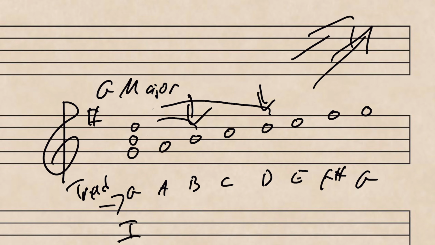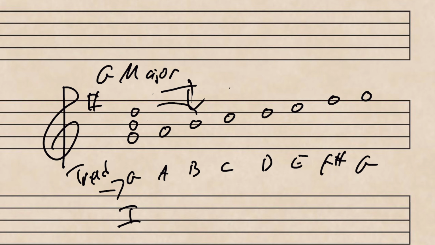Same when I go to make my 5 chord, just as important as 1. There is no 1 without the 5. And so I need to pull in an A. This note is going to come over here. And also this F sharp. It isn't F natural because it's from the scale, from the key.